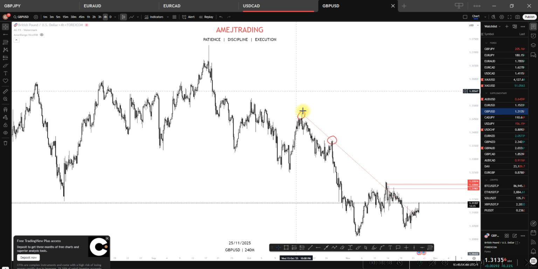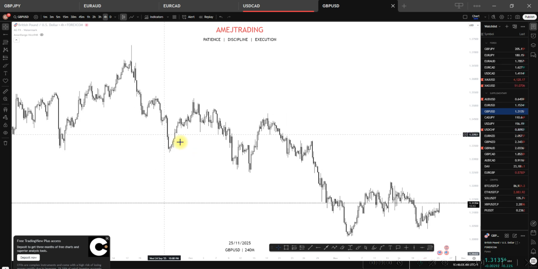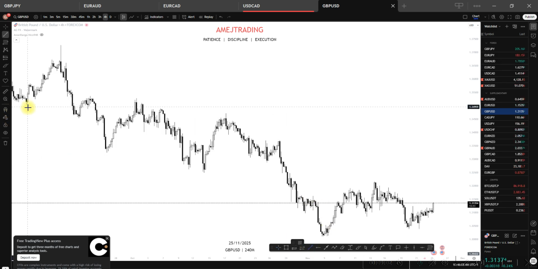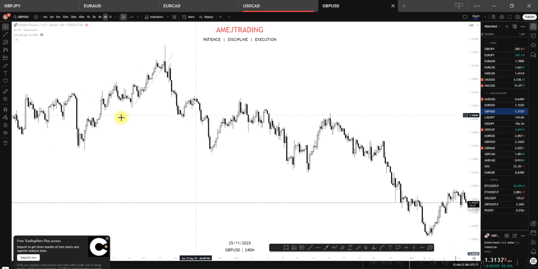If we look at this particular trade right here, we discover that we were bullish at a point. This is the part I'm trying to talk about. We're bullish at a point.